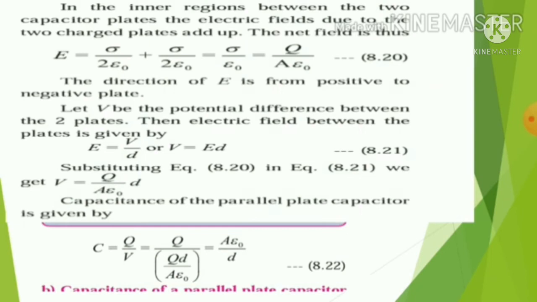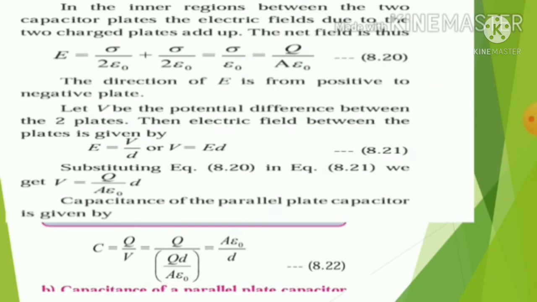This is the value of sigma upon 2 epsilon 0 for the inner surface of the first plate and the inner surface of the second plate. These two values add to each other, and then we get capital E equal to 2 sigma upon 2 epsilon 0.